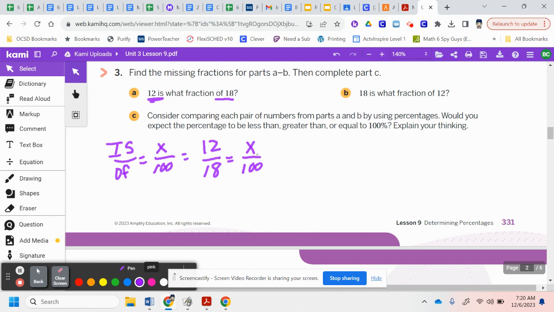So again, if I cross multiply 100 times 12, that's going to be 1,200. And we're going to divide that by the only number we have left, which is 18.